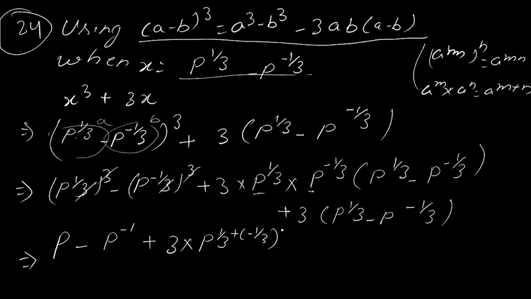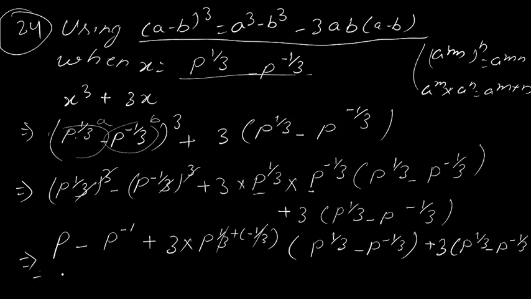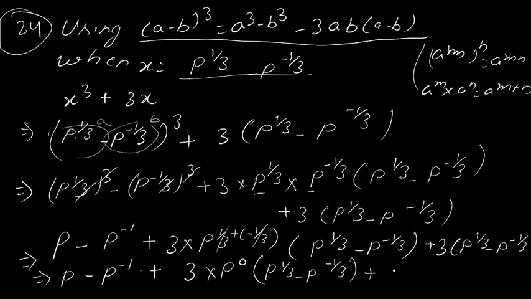See, side by side I am writing the formula I am using. So p to the power 1/3 minus p to the power minus 1/3 plus 3 p to the power 1/3 minus p to the power minus 1/3. Then cancel this. Now you are left with p minus p to the power minus 1, plus 3 times p to the power 0, which equals 1, but I have written it for the step. Am I right? Right, sir.